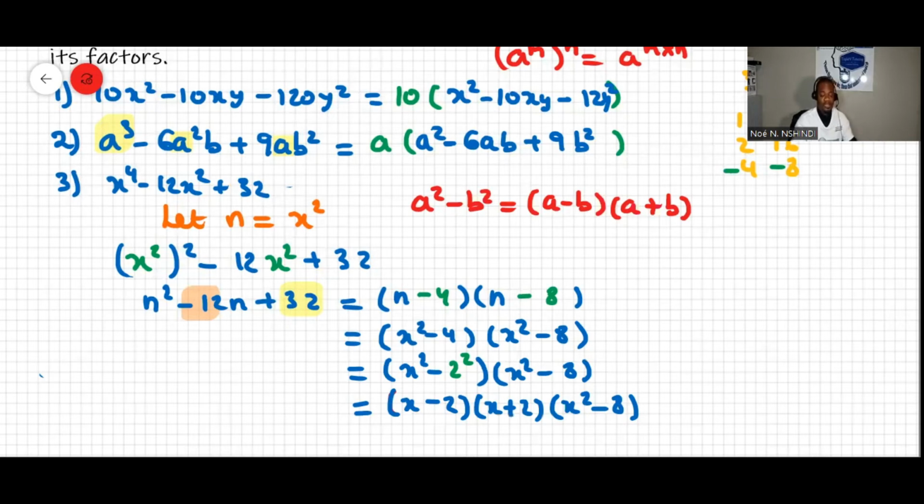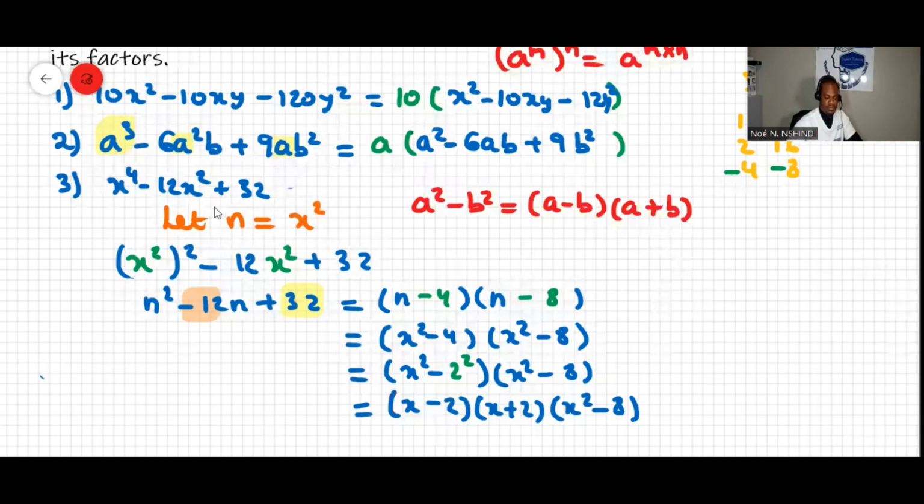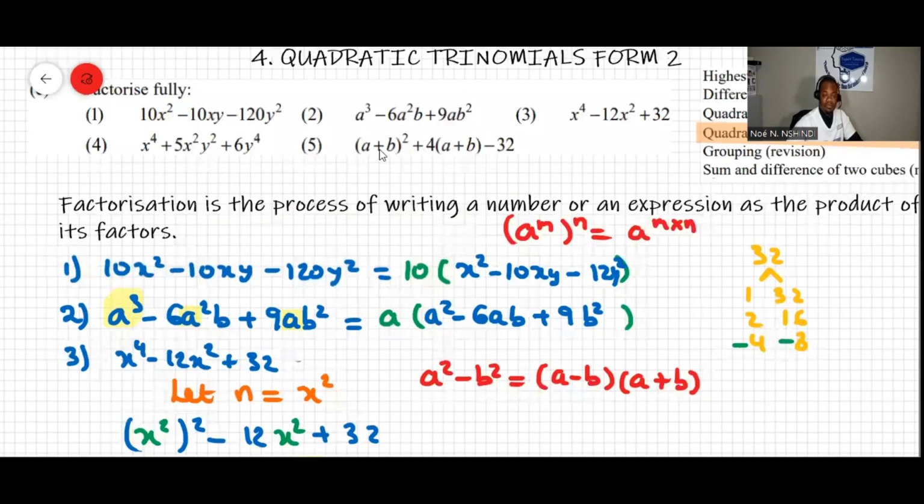In the same way we did this, you can also do question 4 and question 5. You can just let a plus b be equal to n. Now you have n squared plus 4n minus 32, and then you factorize, and then you substitute n by a plus b. Over here, it's the same way.